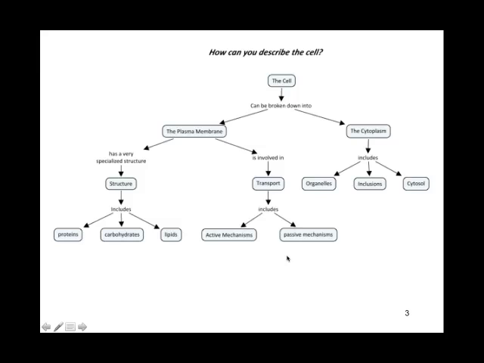Alright, so if we want to talk about how we can describe the cell, this concept map kind of describes how we can do that. We can really break it down into two parts. We have the plasma membrane, which is essentially the barrier or the boundary that defines the cell, and then we have the stuff that's contained within that boundary, and that's the cytoplasm.